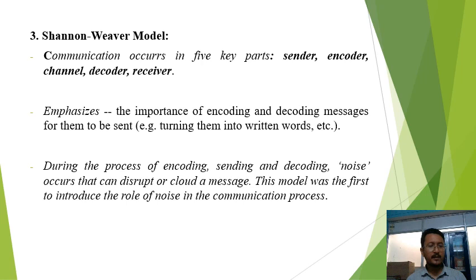To take a very simple example, it is about turning the message into written words, right? Or maybe turning the observation into some sort of written words or very explicit way. So this is a very simple example of encoding and decoding of message.